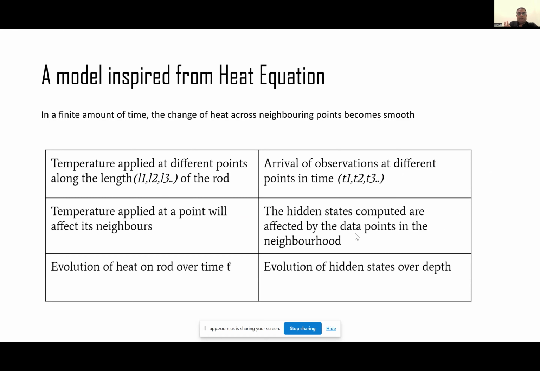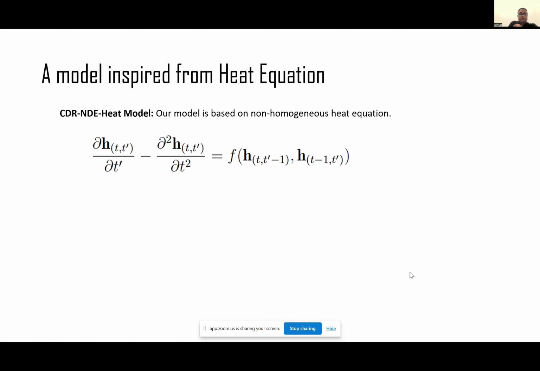This is the one-to-one analogy between the heat equation and how we want to build our continuous depth models. The heat evolves over time, and here it is the evolution of the hidden states over the depth. This is how we inspired ourselves.